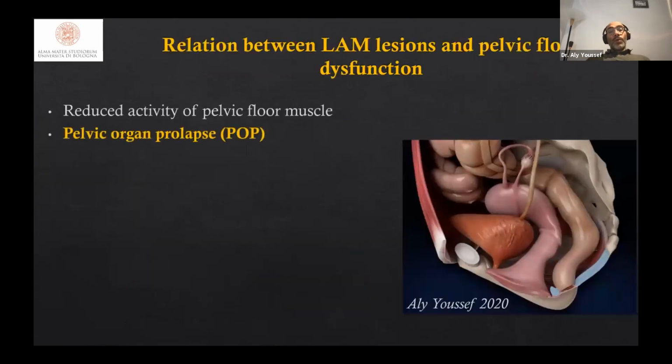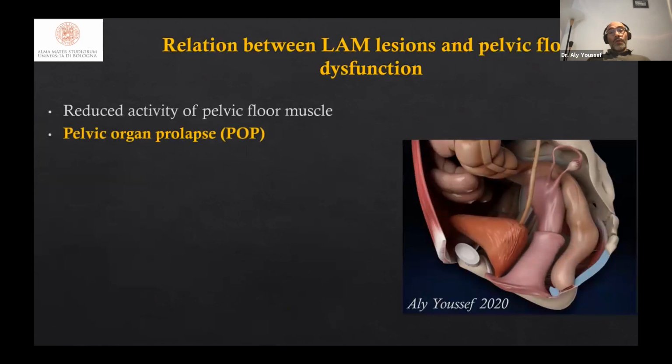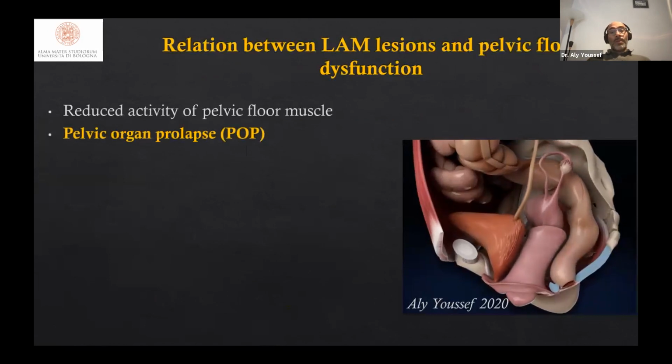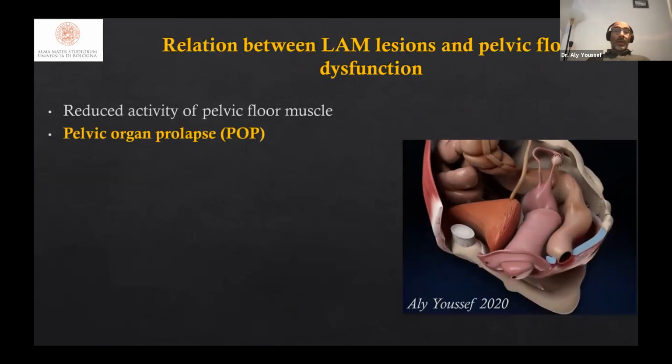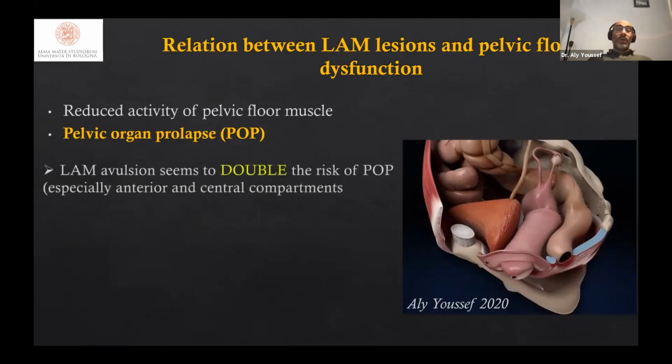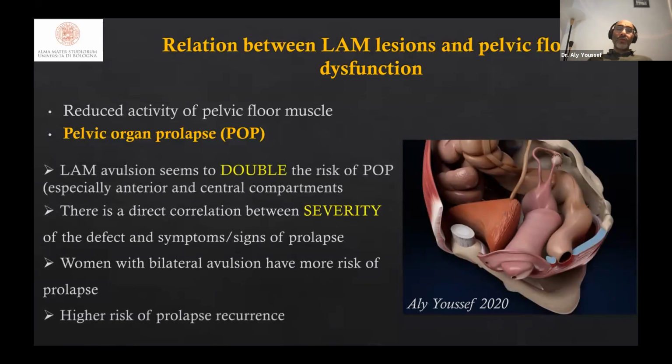What are the consequences of having damage to the levator ani, a levator ani avulsion? Well, a damaged muscle has reduced activity, definitely, but the most important association in the literature is between damage of the levator ani muscle and pelvic organ prolapse. Women who have a levator ani avulsion seem to have a doubled risk of developing prolapse.